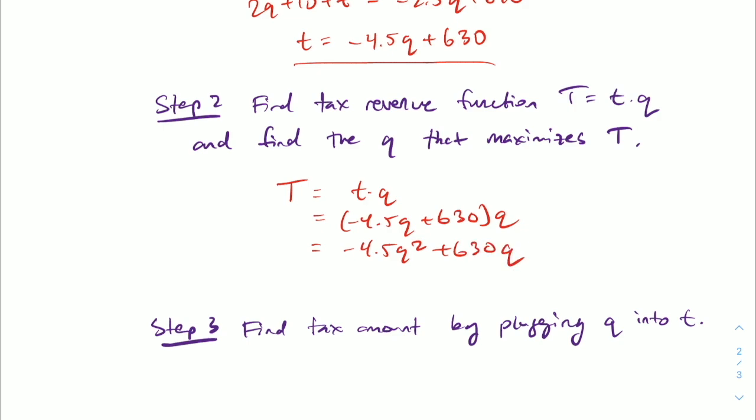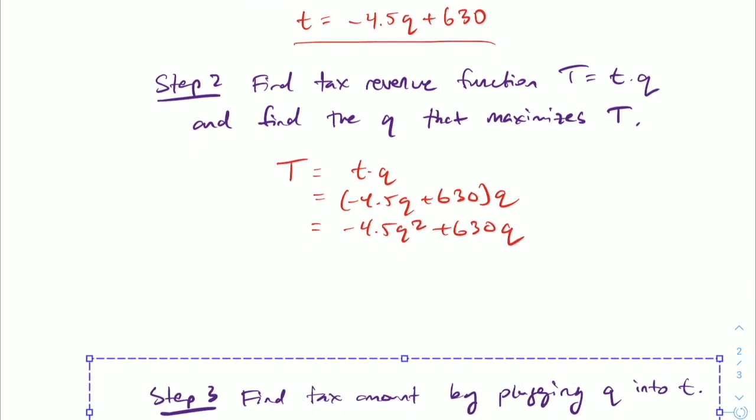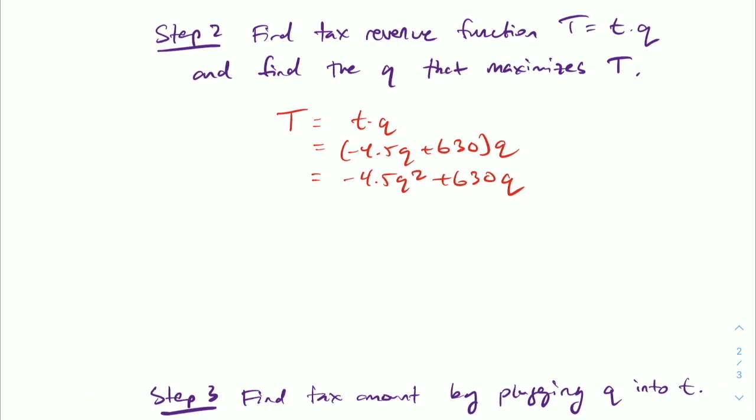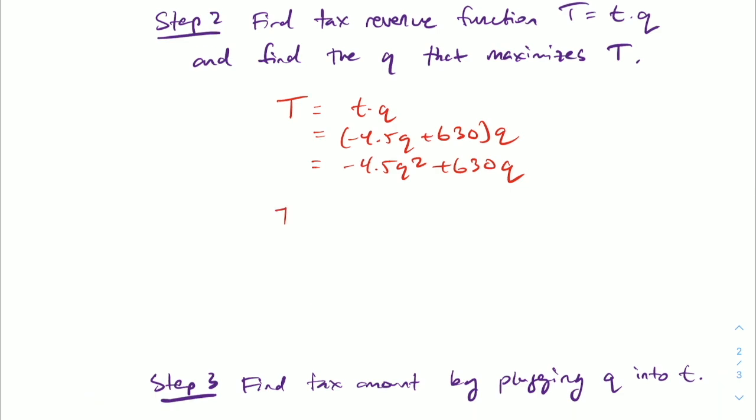And we want to maximize this function. So we want to take the derivative and set it equal to 0. So the derivative, dT/dQ, is negative 9Q, the 2 comes down, makes 4.5 times 2 is 9, plus 630, the Q becomes 1. And we want to set that equal to 0.